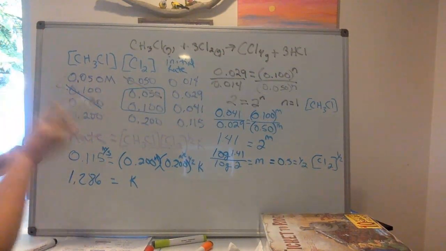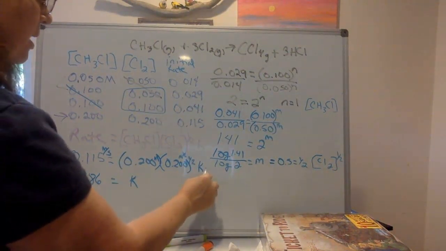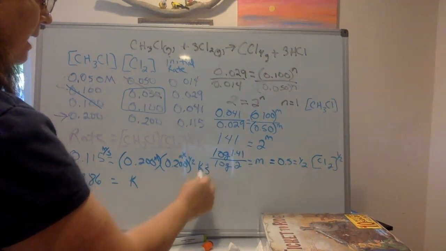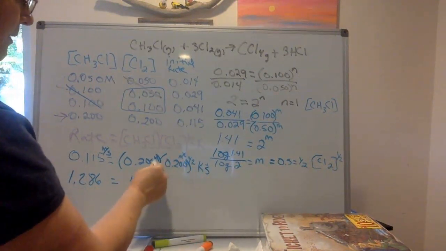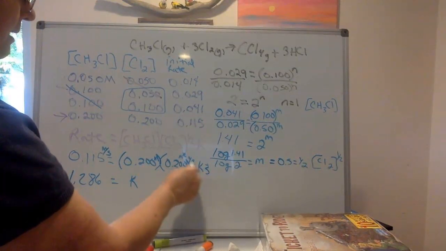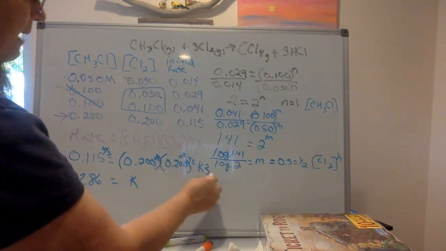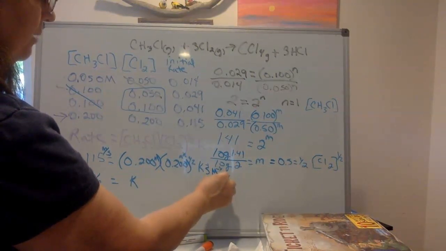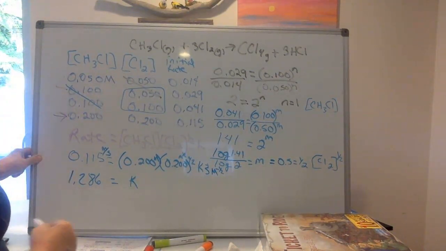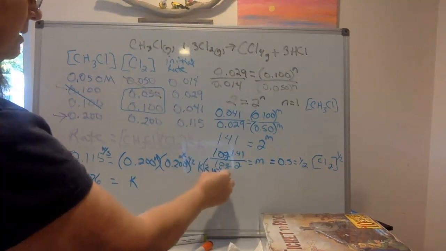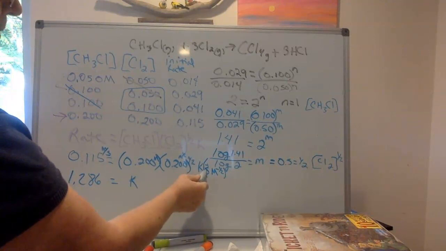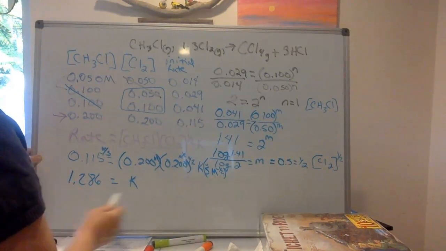So we need to know that K has to be per second, and it has to be per molarity 1/2, because we need molarity per second. So we got to get rid of this molarity 1/2. So what we're going to do is throw it on the bottom, so we're going to put a negative 1/2. So our unit for K is going to be whatever the number is per second per molarity 1/2.